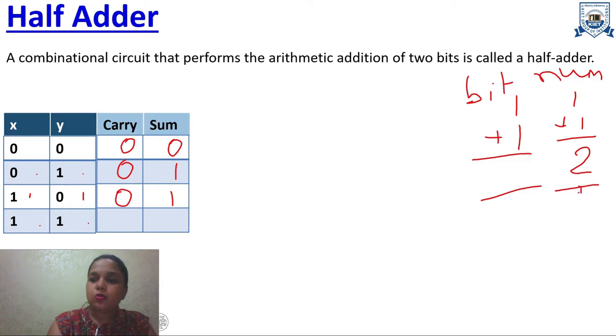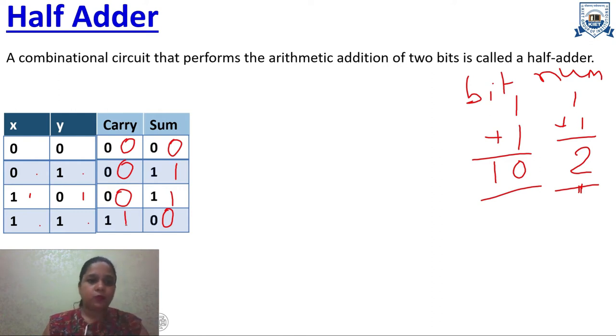This 2 in binary is written as 1 0. So when 1 plus 1 as bits are added, the result will be 1 0, where 0 is the sum and 1 will be carry. Let's see the table. So you can tally that this is the table for carry and sum.